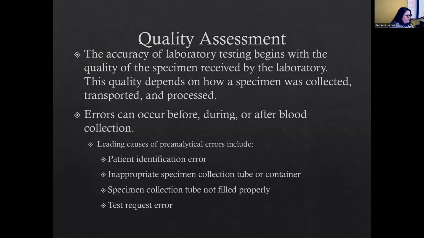Underfilling an evacuated tube containing an anticoagulant can change the ratio of blood to anticoagulant and can interfere with accurate test results. Turn the page. The next paragraph. Because the tubing is attached to a butterfly needle, the first tube collected will underfill as a result of the tubing.